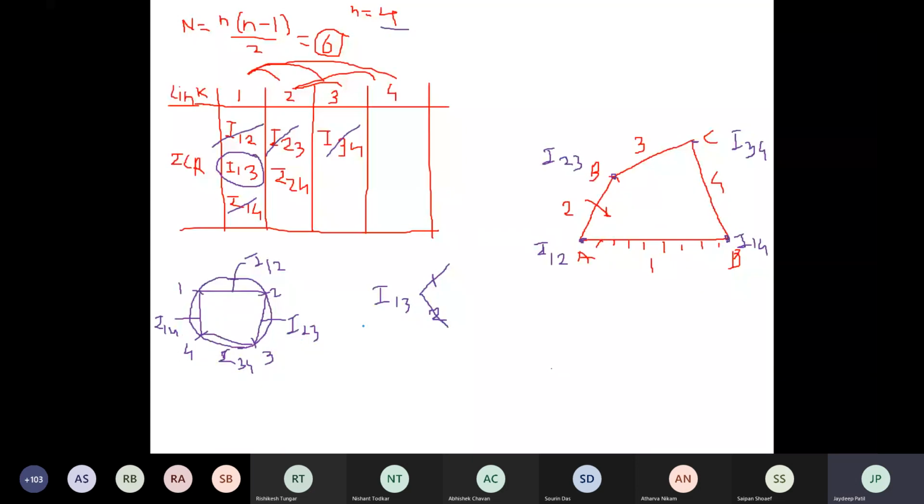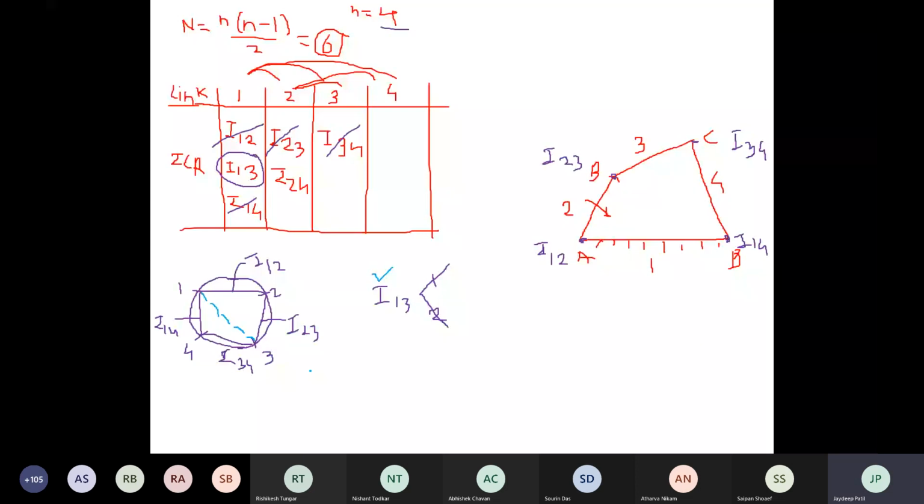I want the ICR I13, so I will join points 1 and 3 here. See in the circle, 1 and 3. Now the line joining 1 and 3 is your ICR 13. When we join 1 and 3, the line makes 2 adjacent triangles. Now which are the 2 adjacent triangles in the figure?